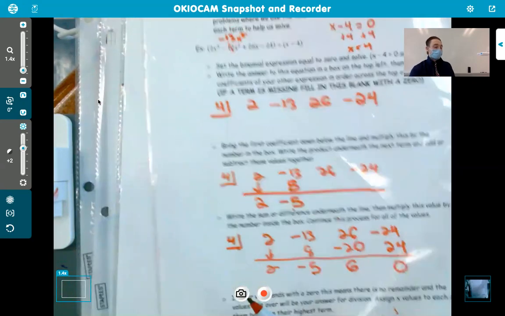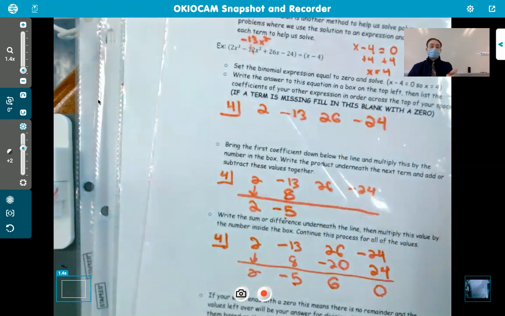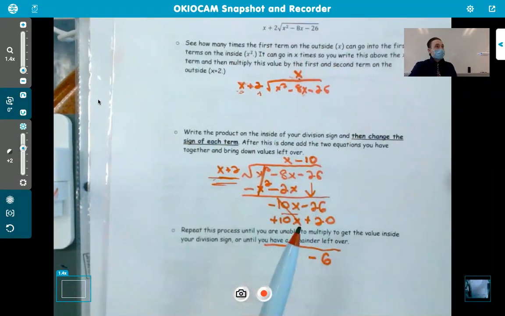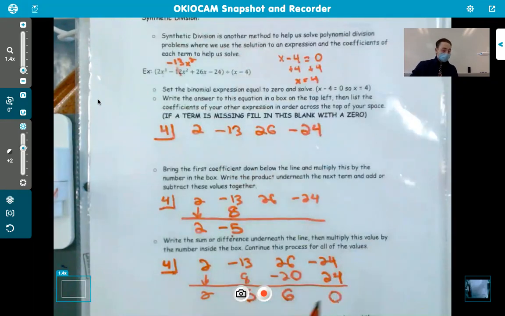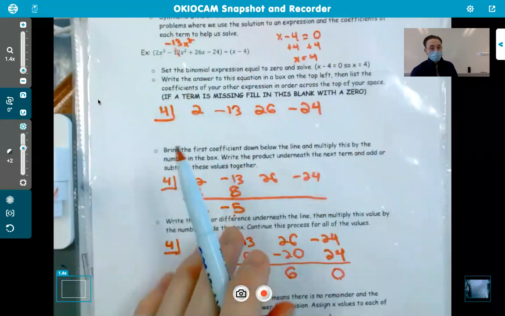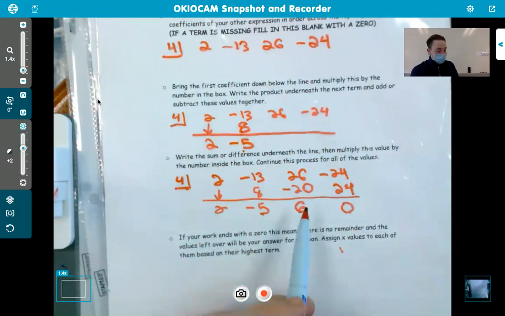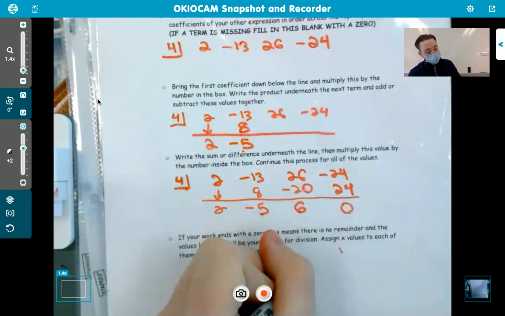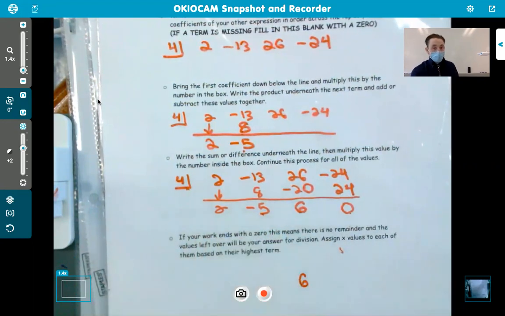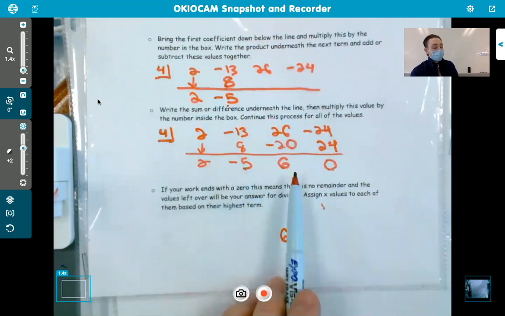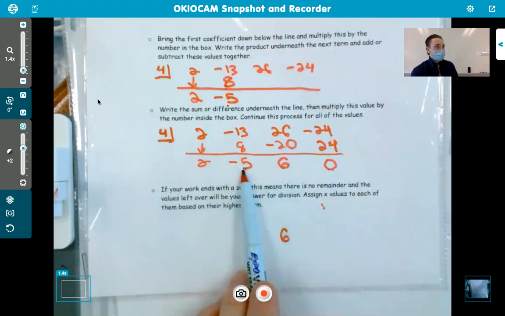Remember back when we were just doing long division, let me just pull this up real quick. Our final answer had x's in it, right? It had variables, okay? So our final answer here should also have variables. The way that I think is best to do this is to start with this last term and then work your way this way. So 6 is going to be your constant term, right? So you'll just write 6. Negative 5, well, you go from constant terms to x terms, right?